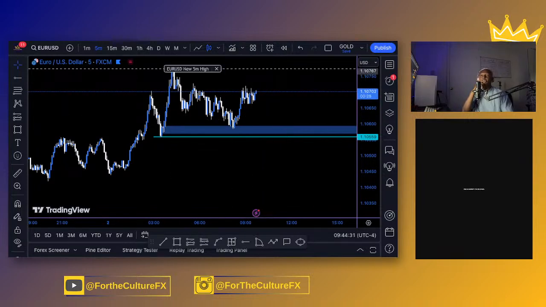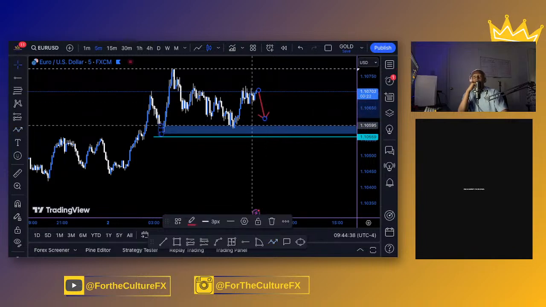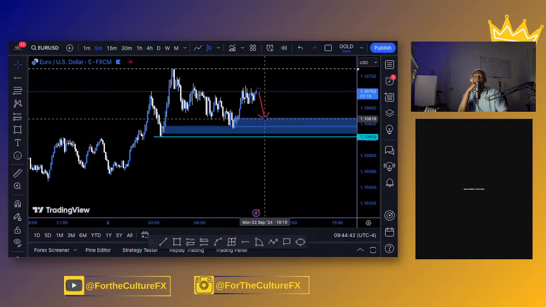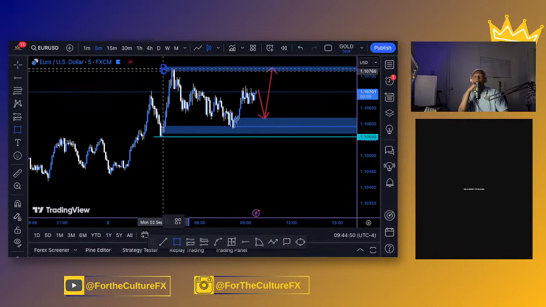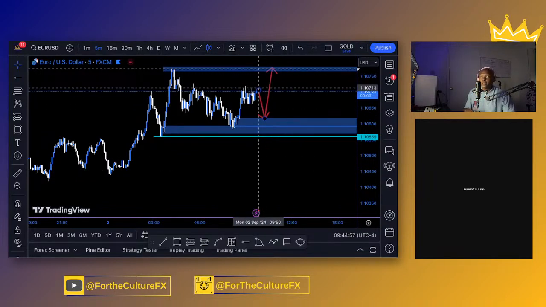As long as we don't break this high, this setup for price to come back down to our key level of demand here remains valid. So price to come here, then we want to see that continuation up, get that bullish entry, and hopefully we can get it within this current live session time. But if not, no problem.